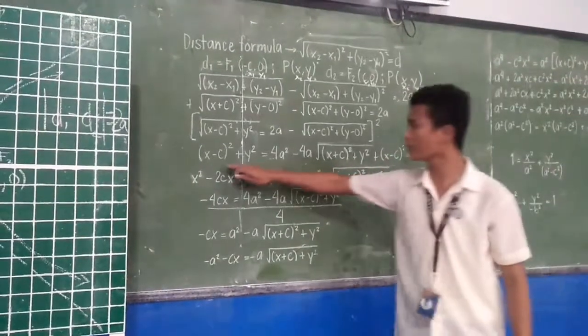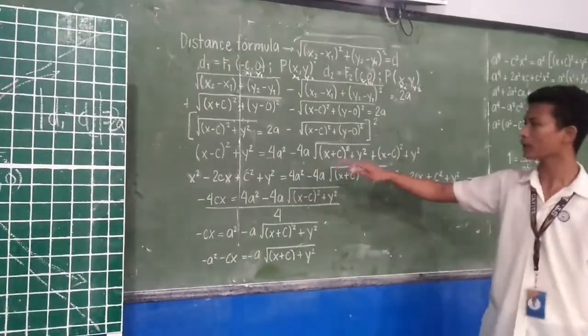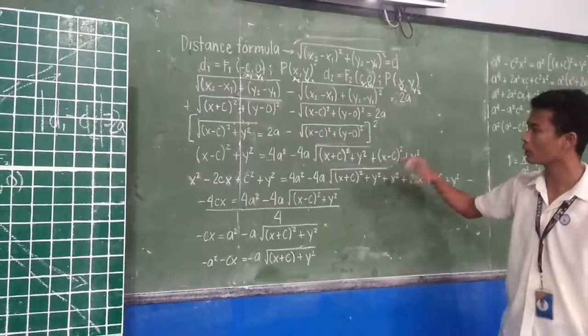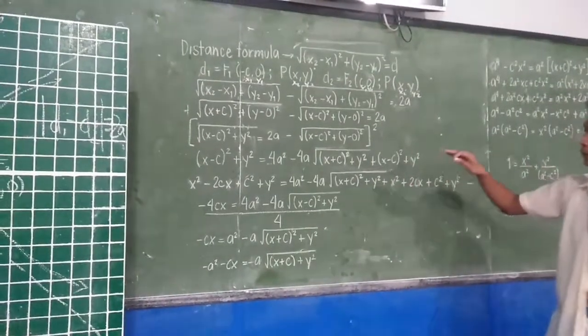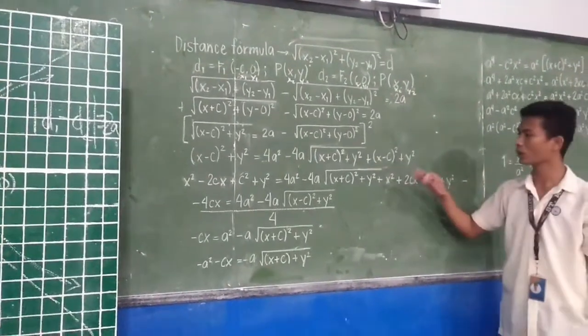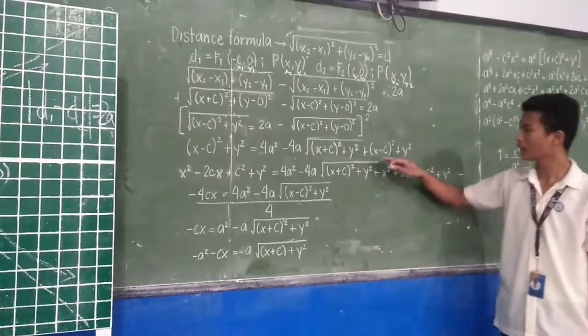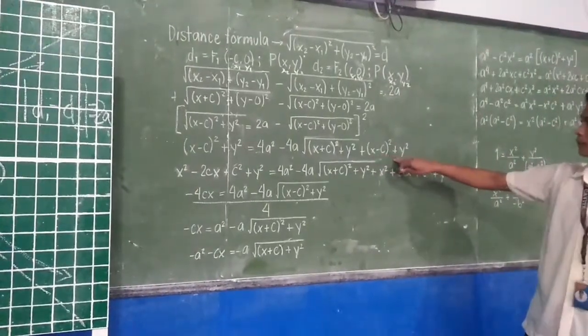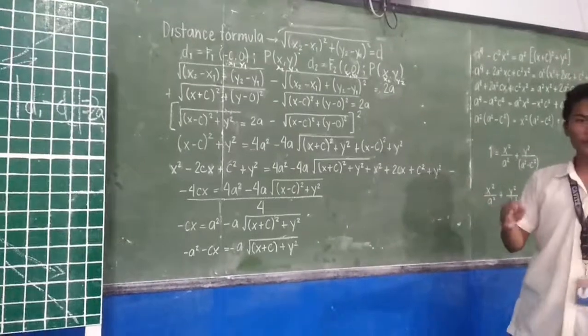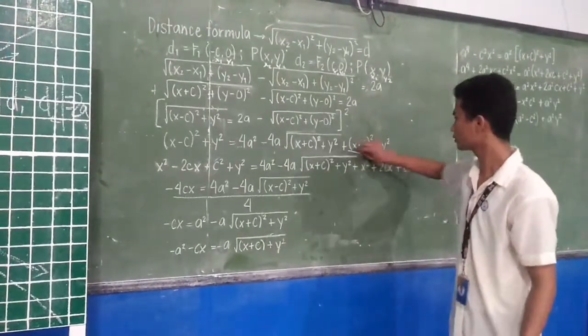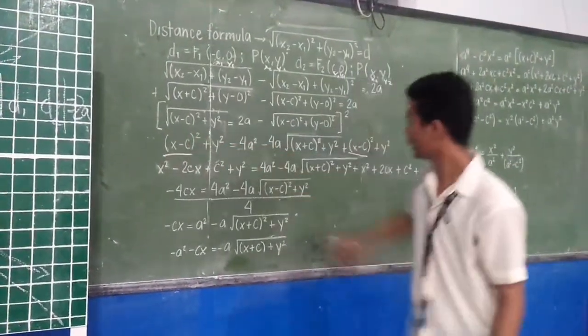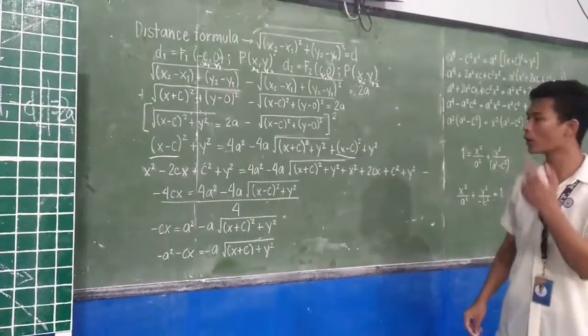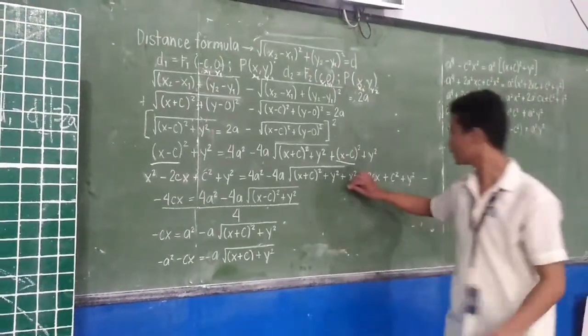And we will get x minus c quantity squared plus y squared equals 4a squared minus 4a square root of x plus c quantity squared plus y squared, plus x minus c squared plus y squared. Now we will expand the expandable terms. The x minus c squared from both sides will be like this.